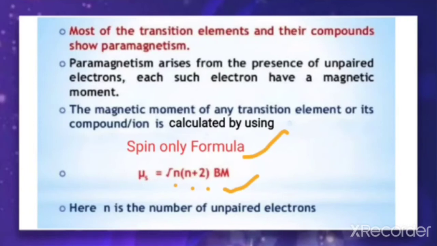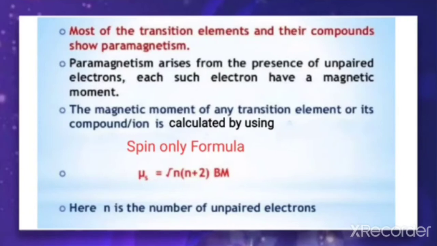What is n here? n is the number of unpaired electrons present. So let us solve some problems related to calculating the magnetic moment for a transition element or its ion, by applying this formula.